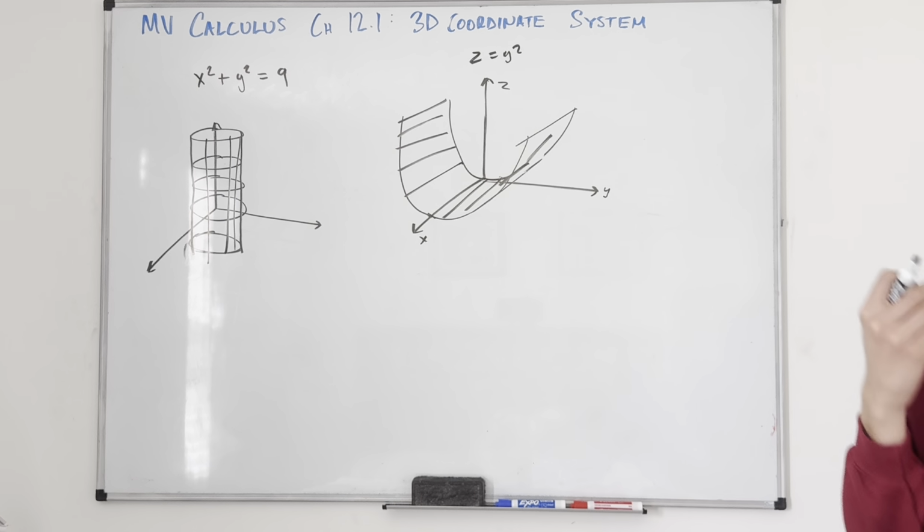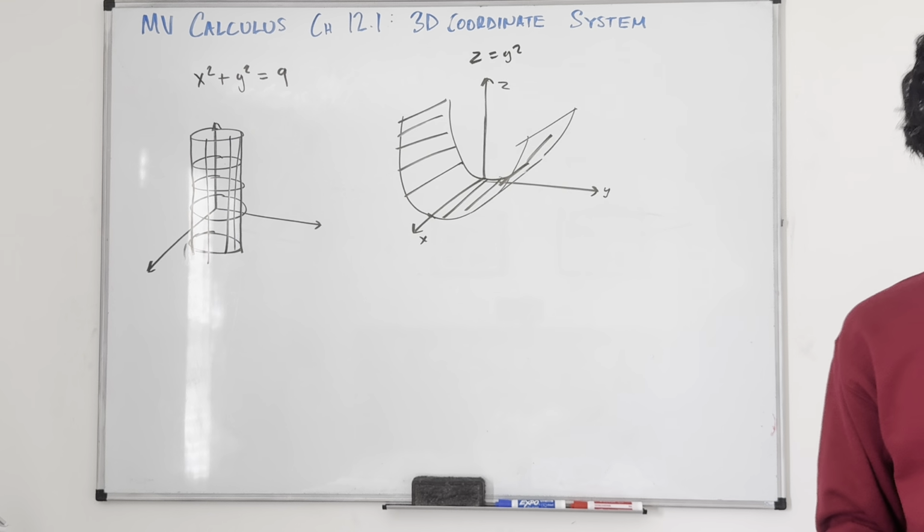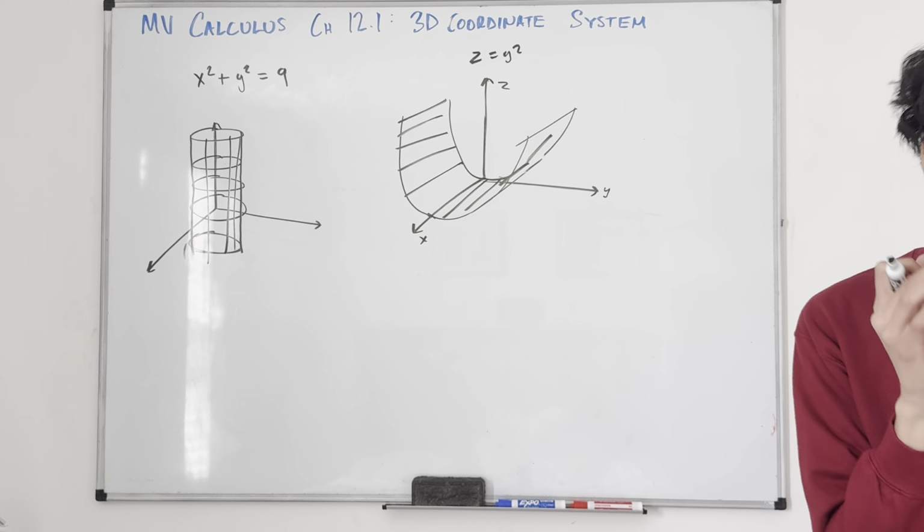Now, we're talking a little bit about this idea of points being equidistant from one another, right? And that's forming a circle in the 2D world.